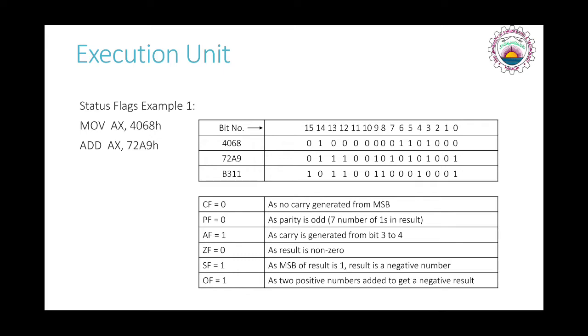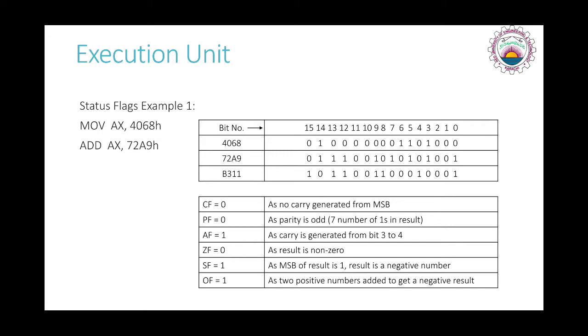So after performing this addition operation, microprocessor will be having this condition within status flags. Carry flag will be at 0 as no carry is generated from the MSB. Parity flag will be at logic 0 as there are 7 number of ones in the result and 7 is an odd number.